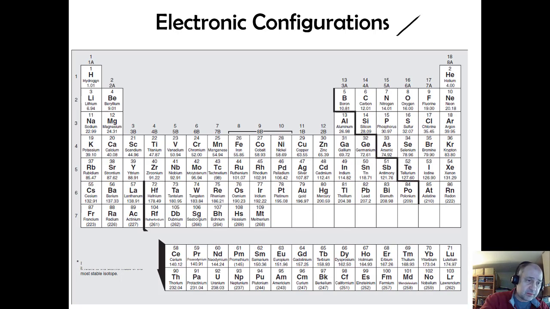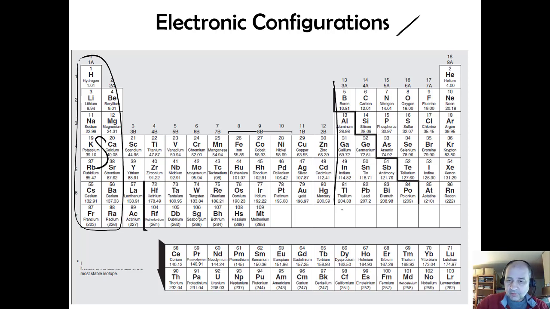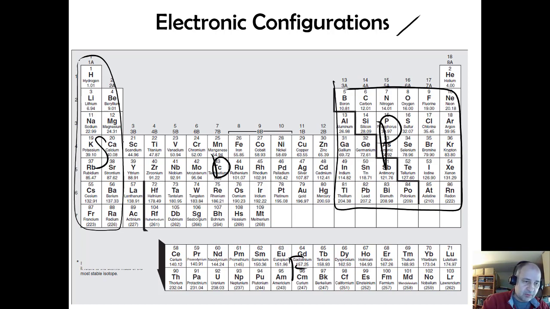Remember the blocks, right? This is S, this is P, this is D, this is F, and remember that this is where the 3d starts. Remember, this is where the 4d starts. And so all you have to do is follow the atomic number, right?